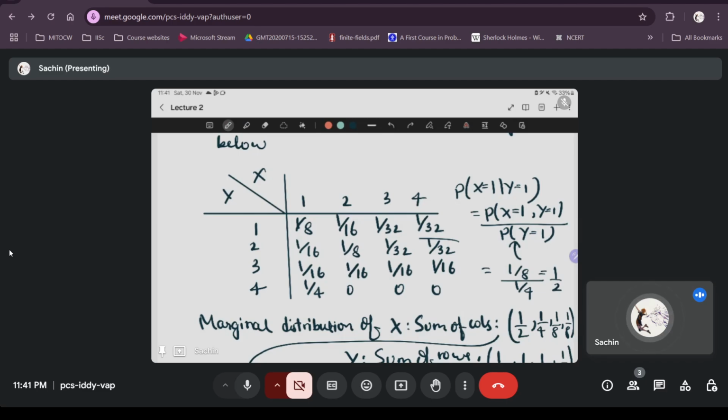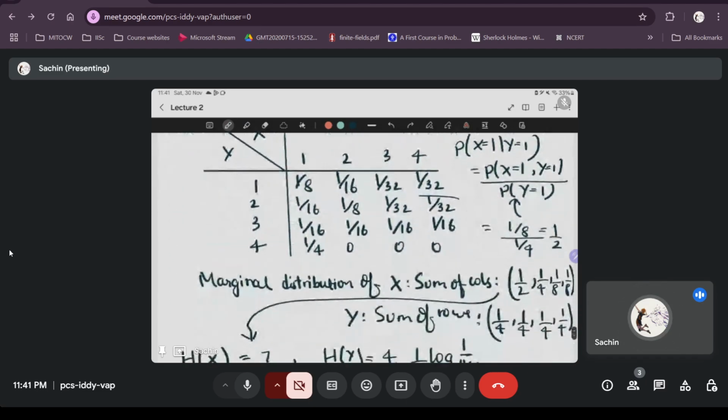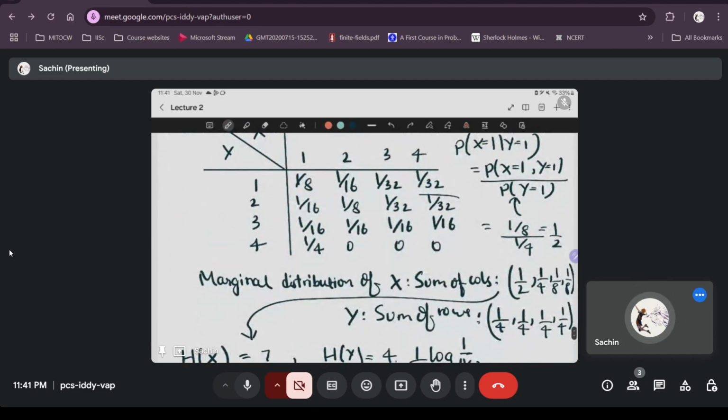We will be dealing with very small concrete examples like this, just two random variables each taking four values, or we'll be dealing in an abstract sense with y1, y2, yn, n going to infinity.